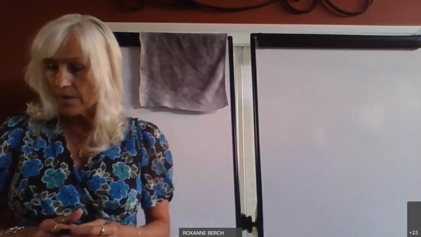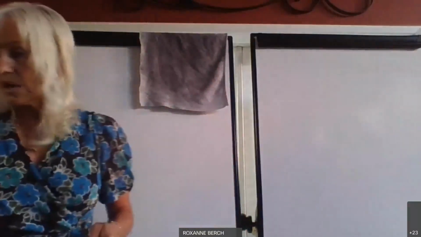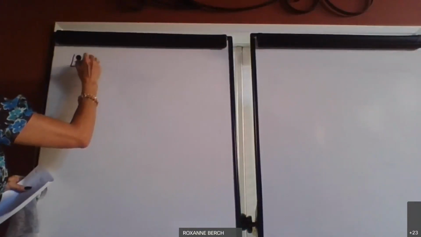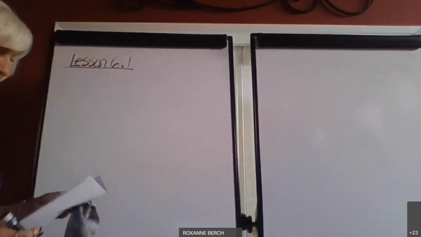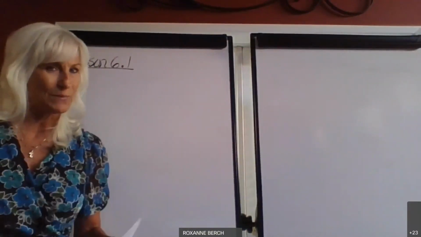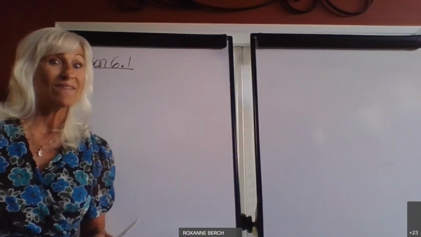All right, we're starting a new lesson today, and you guys are going to be pleasantly surprised because it's not as hard as some of the lessons we've had recently. So we're going to take a look at lesson 6.1. In lesson 6.1, we're going to add and subtract polynomials. It's going to seem like we've done this before, but we haven't.